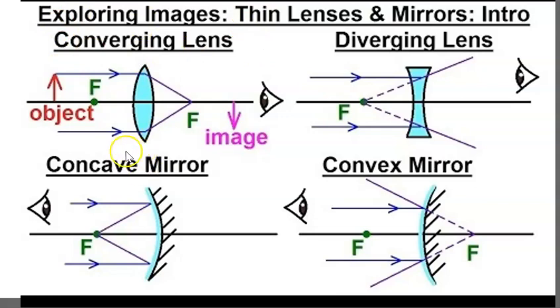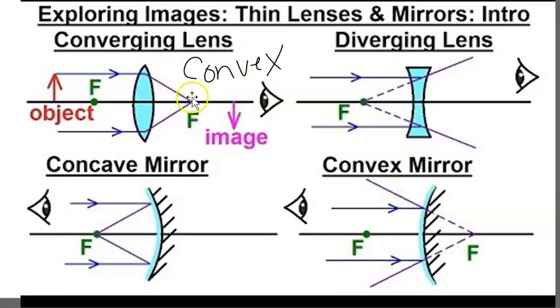A converging lens, or convex lens, and a converging mirror, or concave mirror, act very similarly. A convex lens is like a magnifying glass.